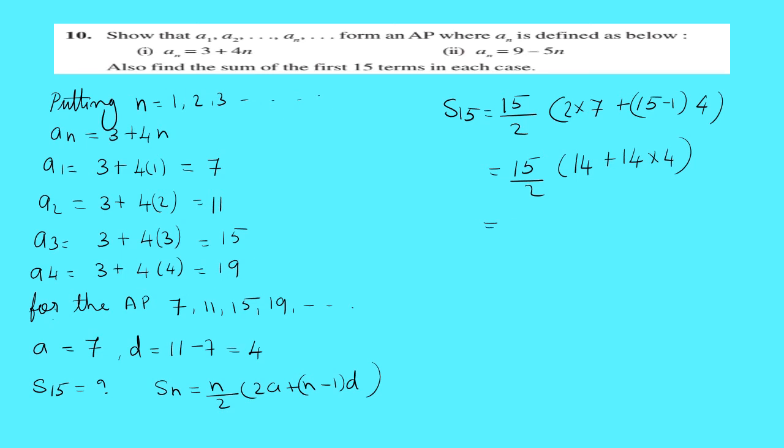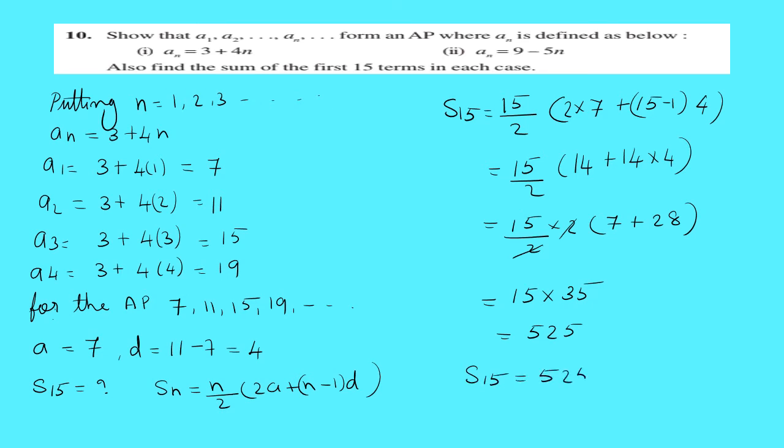Now in 15 upon 2, you can take 2 as a common factor outside, so you will have 2 multiplied by 7 plus 28. 2 and 2 getting cancelled, that is 15 multiplied by 7 plus 28, that is 35. 15 multiplied by 35, that is 525. So you are getting S15 as 525.